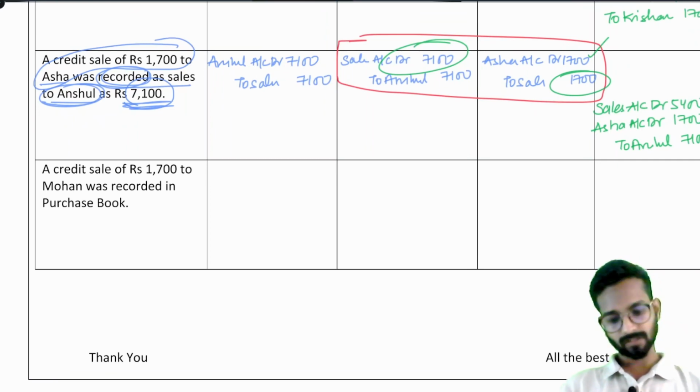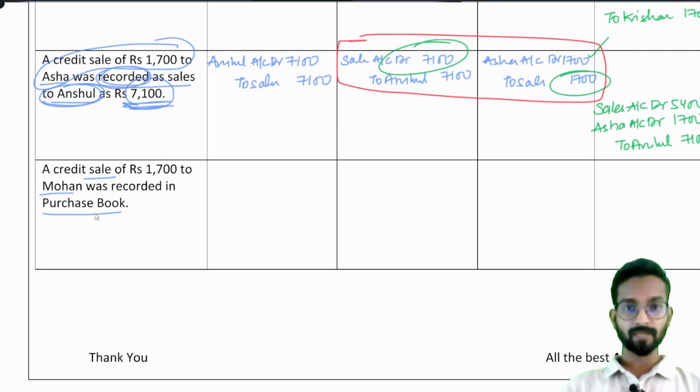What's the next question? A credit sale of rupees 1700 to Mohan was recorded in purchase book. See, we made a sale to Mohan. Where did we record? We recorded in purchase book. Understand? If I have recorded in the purchase book, it means both debit and credit are wrong because they are saying recorded.